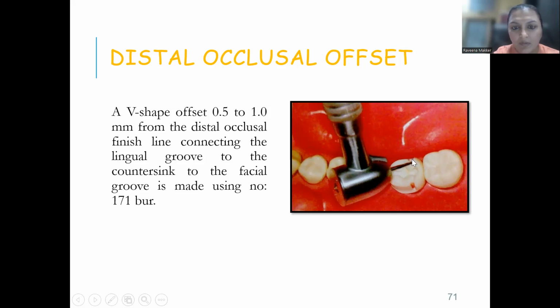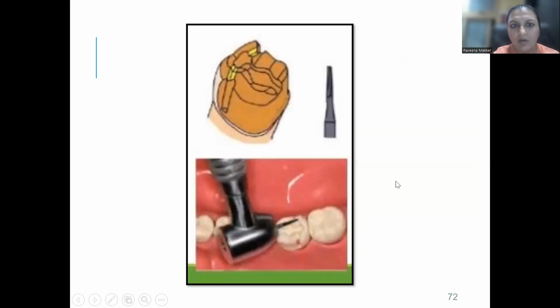The lingual groove is connected to the countersink and to the facial groove using 171 burr, and this is called the distal occlusal offset. The lingual groove, the countersink, and the facial groove, all three of them, are connected with each other through the distal occlusal offset.